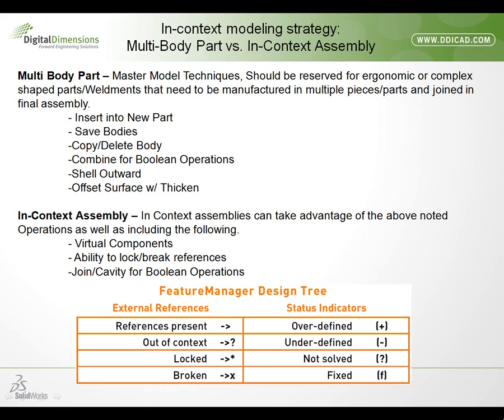And if it's really necessary to do Boolean operations like add or subtract, there are two features that are unique to in-context assembly design, and that is called join for add and cavity for subtract.